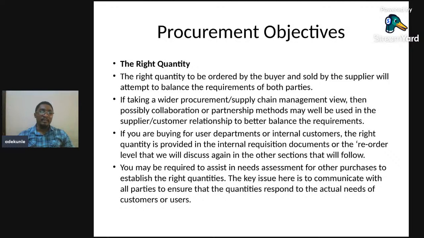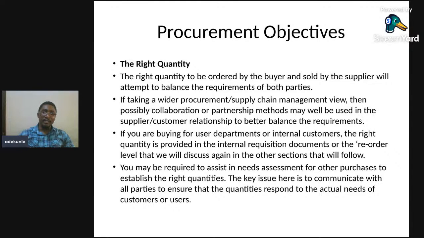So if you are buying for a user department or internal customer, the right quantity is provided in the internal requisition document or the other level that we will discuss again. Of course, we're going to discuss some of these things, like other specifications. So you will be required to assist in needs for other purchases to establish the right quantity.